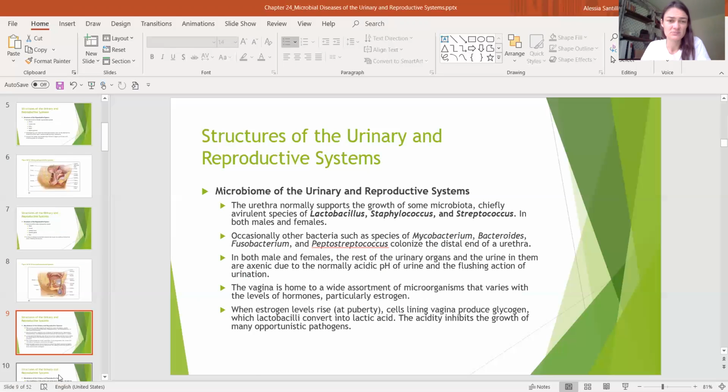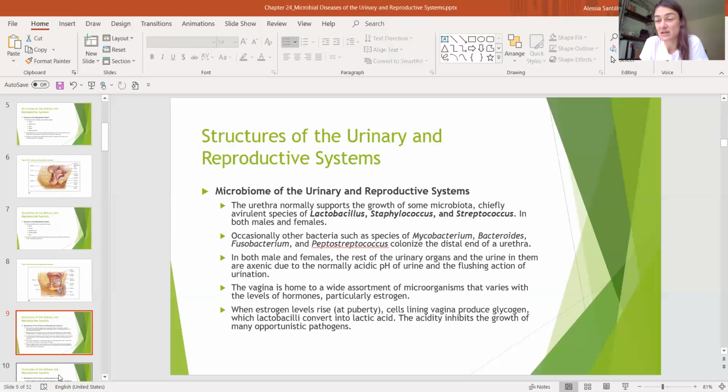So the microbiome of the urinary and reproductive system, and I kind of already touched upon this: the urethra normally has some microbial growth. It's chiefly avirulent species like Lactobacillus, Staphylococcus, Streptococcus, in both males and females.